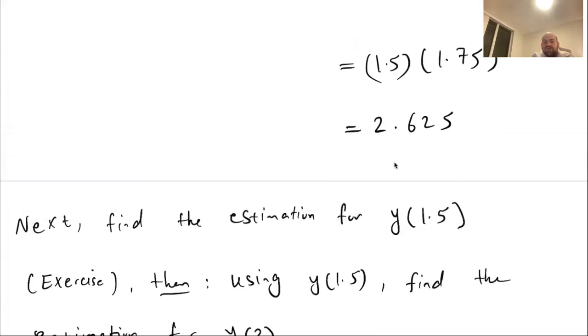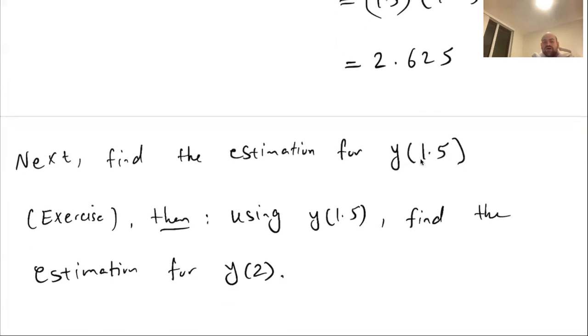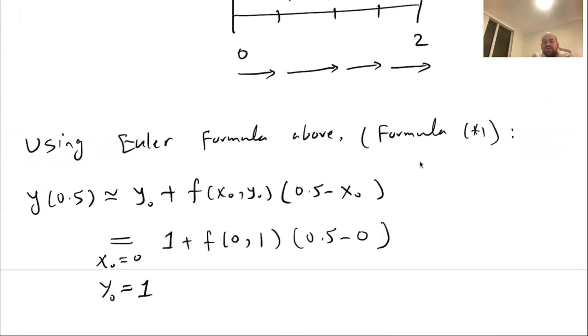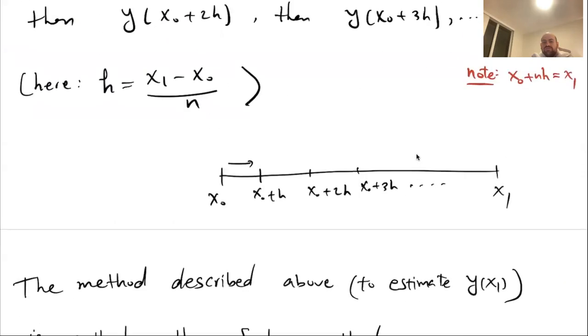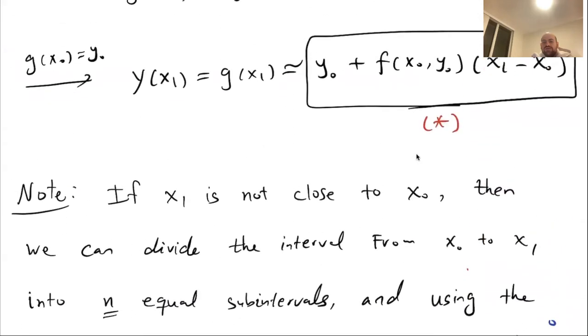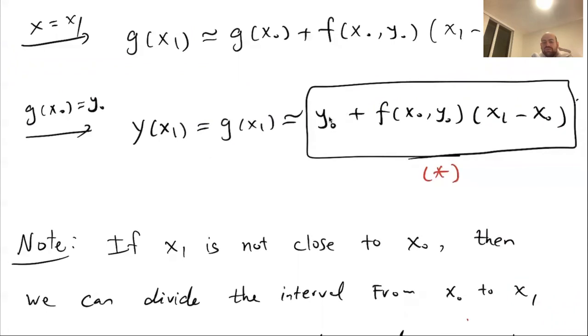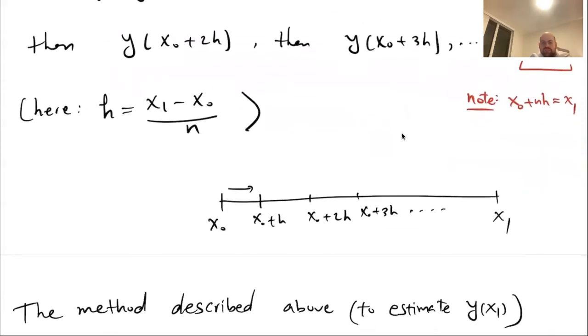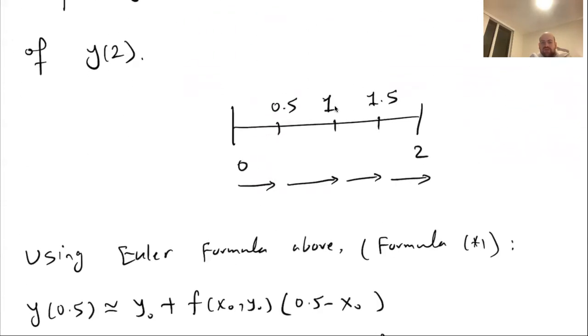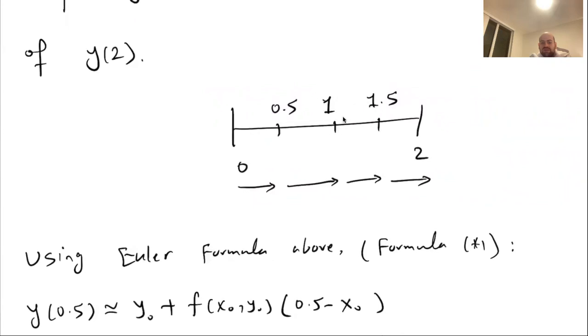See, when you want to find the estimation for y of 1.5, again you have to use the formula star. But this time, instead of y naught, you have to use y of 1 and f of 1 and y of 1, because this is the starting point. Our new starting point will be at 1. In order to estimate at 1.5, our new starting point is at 1.